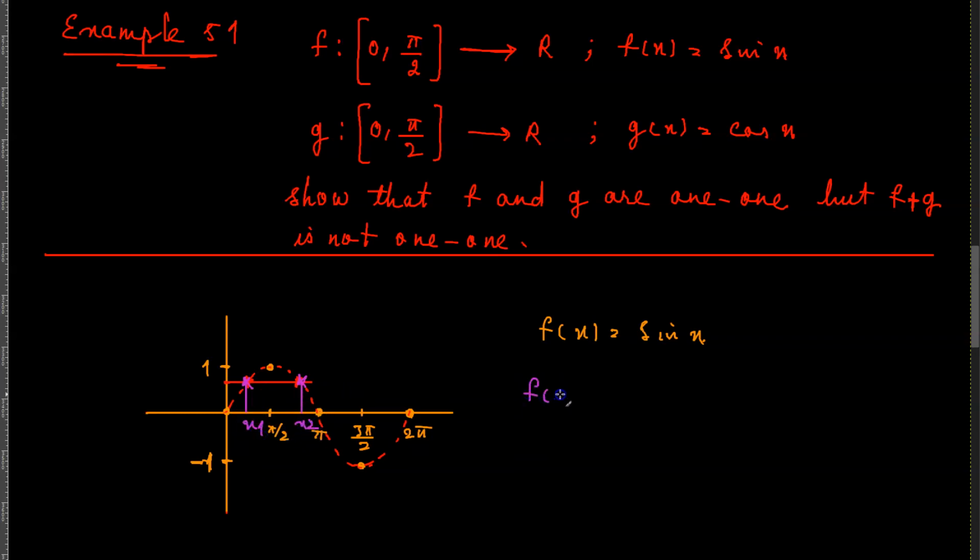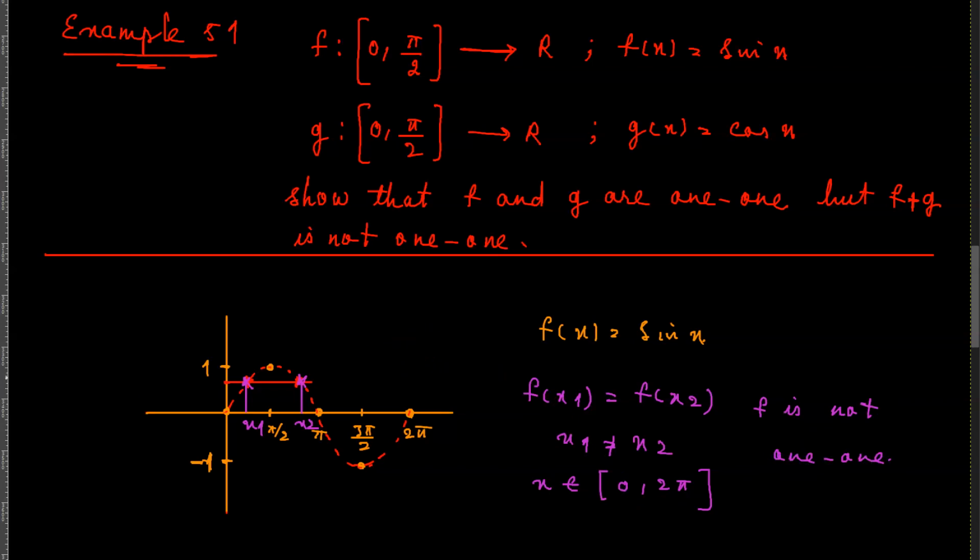Then you can say that f of x1 is equal to f of x2, and x1 is not equal to x2. That means that if x belongs to, for example, the interval 0 to 2 pi, then f is not 1, 1.